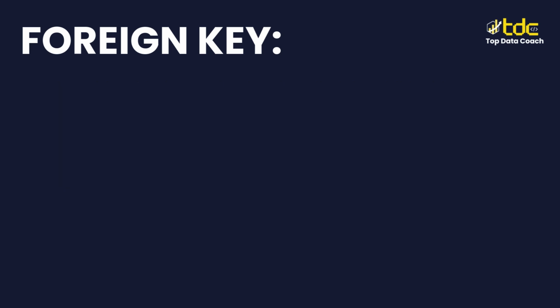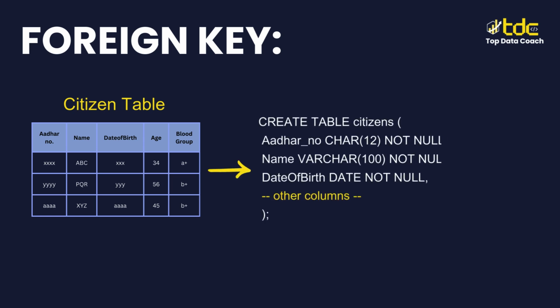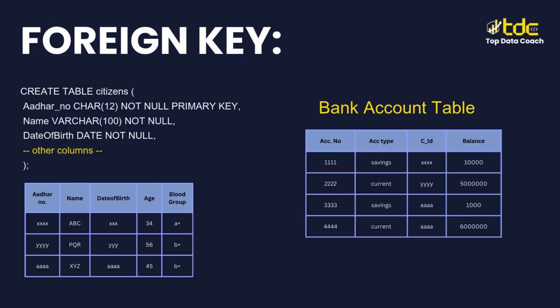Imagine we have two tables in our database. First is the citizen table, which contains basic information about individuals with their Aadhaar number or SSN as the primary key. And the second table is a bank account table, which stores the information about a person's bank accounts.